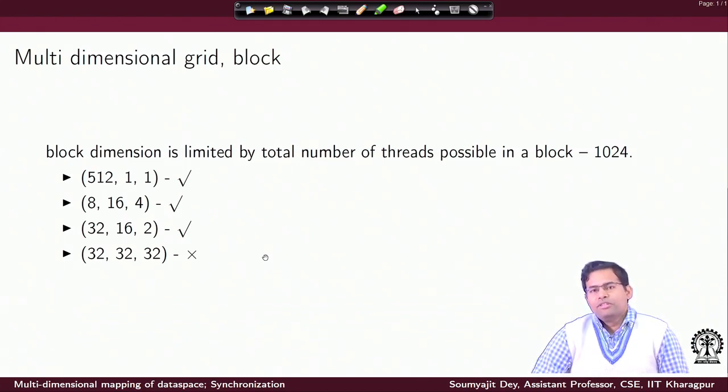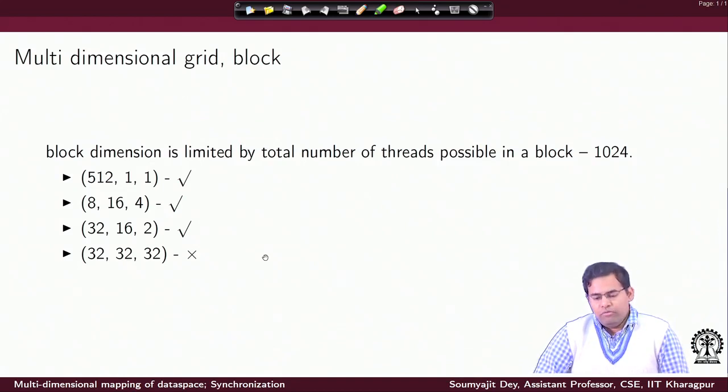Of course, this is a number that may vary with architectural families, and in future with significantly higher compute capable architectures of the GPUs, this number may change. This is something which comes as a restriction based on the architectural content, the maximum register file size possible and all that.